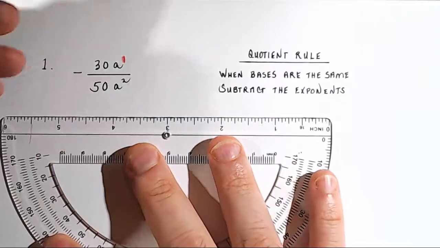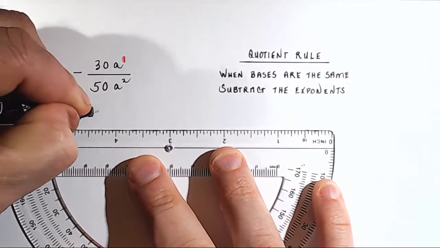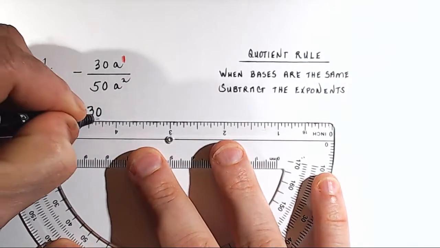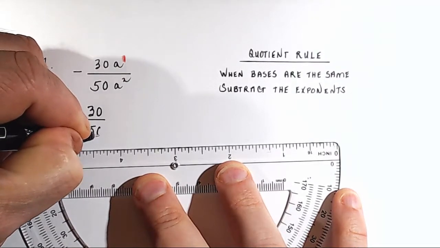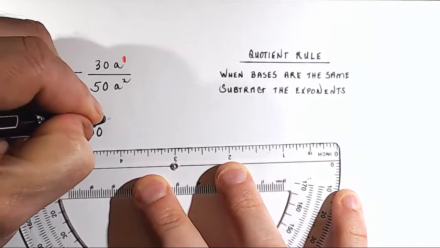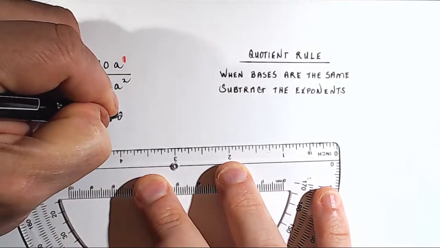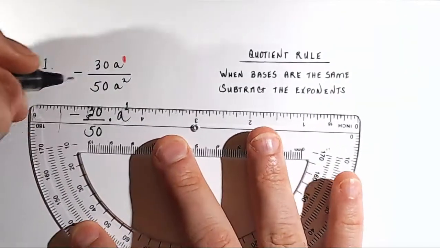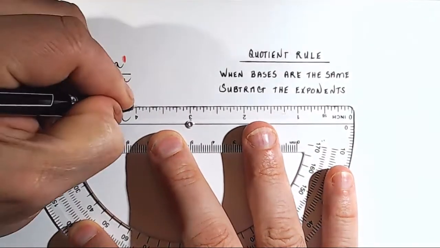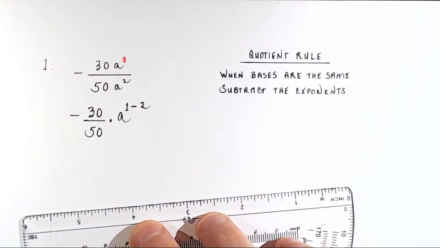We're going to rewrite this as negative 30 over 50 times A raised to the power of 1 minus 2. You see what I did there?